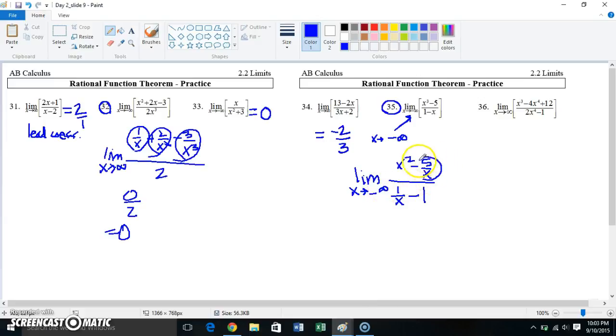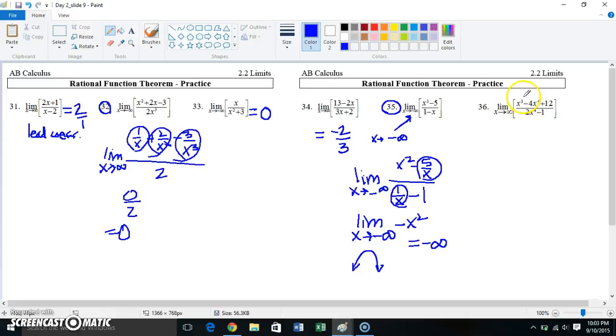I know this goes to 0, and I know this goes to 0. So in the end, I'm really just looking at the limit as x approaches negative infinity of x squared over negative 1. So I'll call it negative x squared. That's a parabola going downward. So as x approaches negative infinity on this function, y approaches negative infinity.